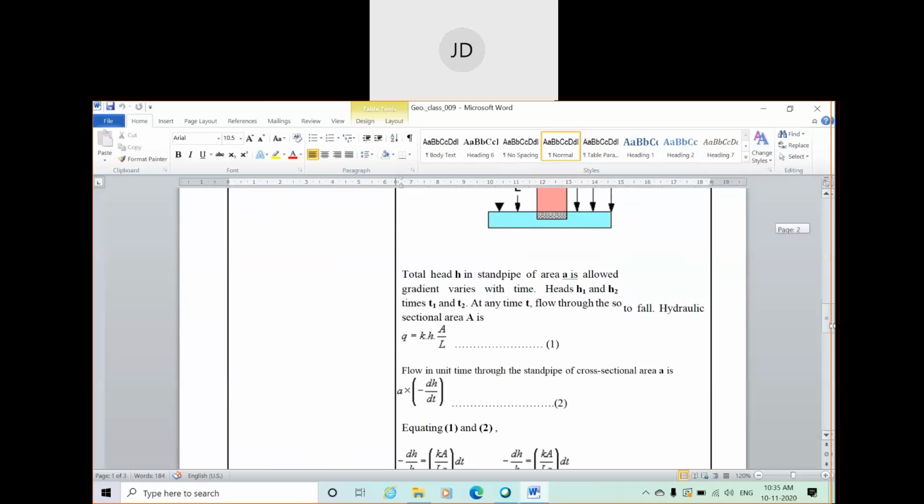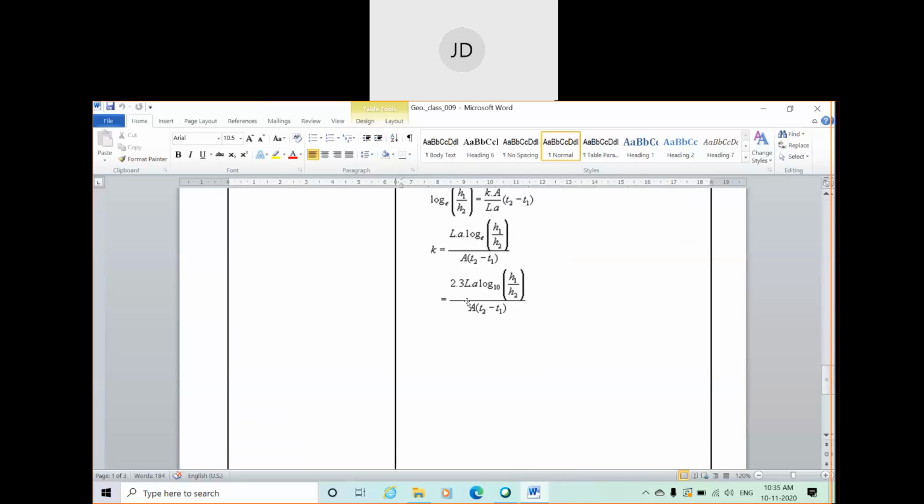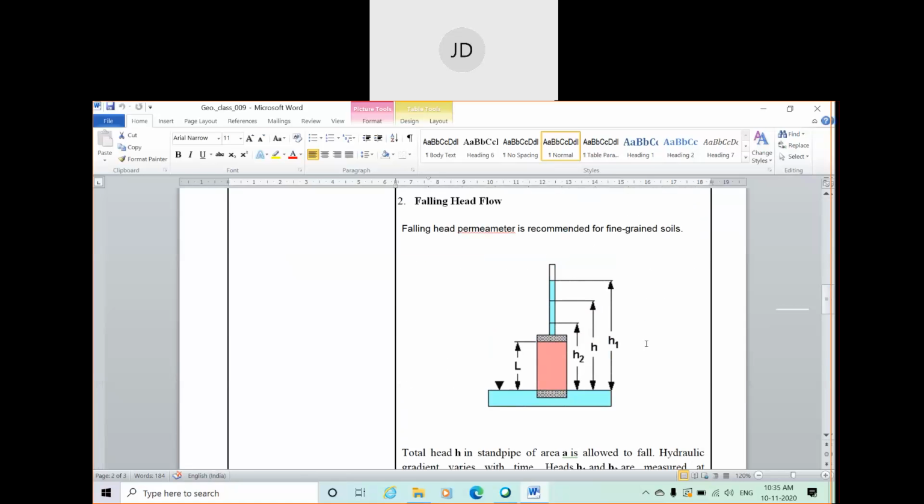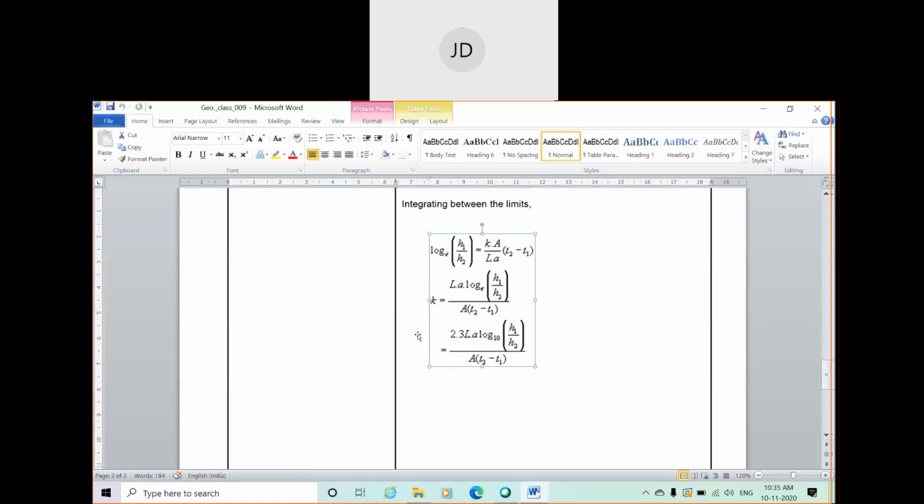Under the falling head test we have another formula: K is equal to 2.3 L into small a log 10 H1 by H2, divided by capital A into T2 minus T1. This is the formula for determining K for fine grained soil using the falling head test. Don't worry, we are going to discuss what L and A are. I'm just giving you an overview.